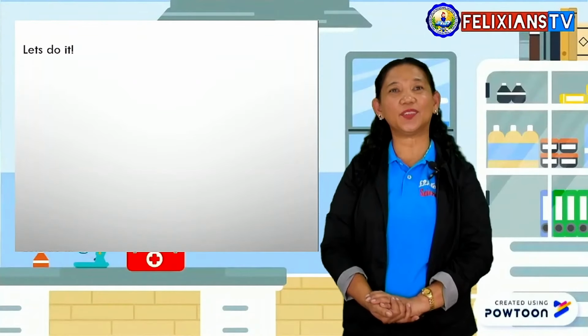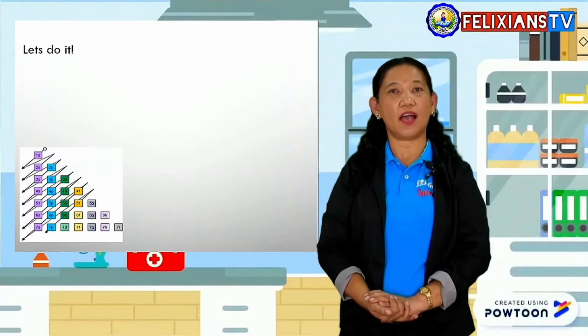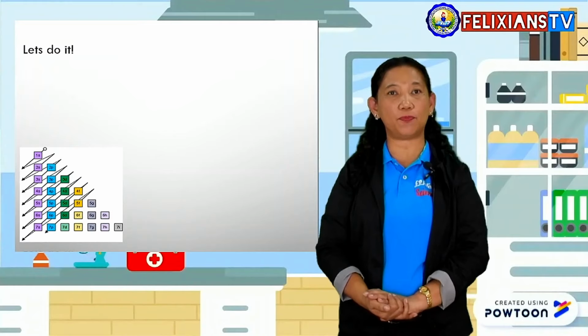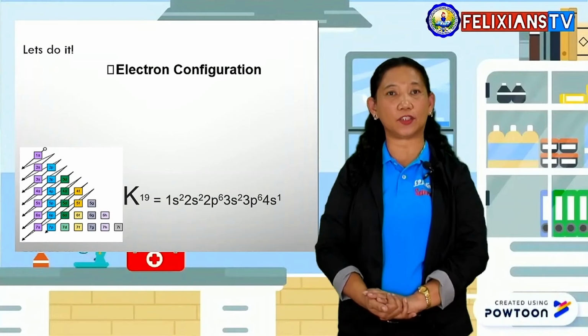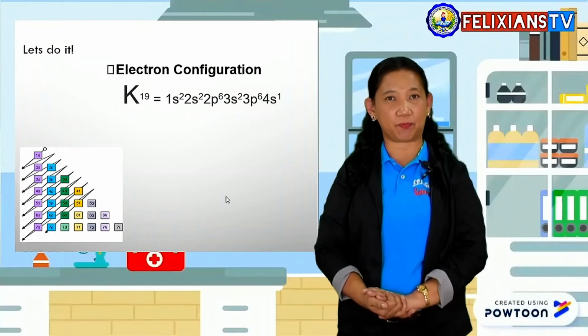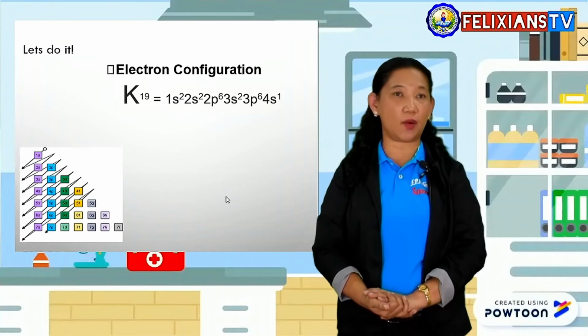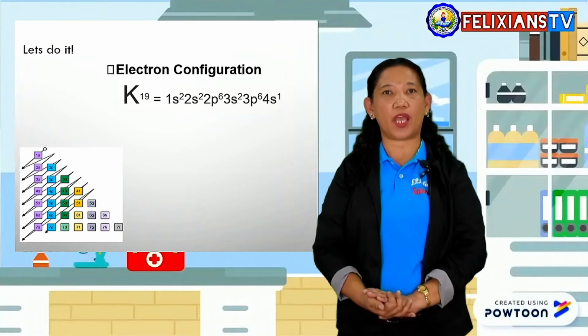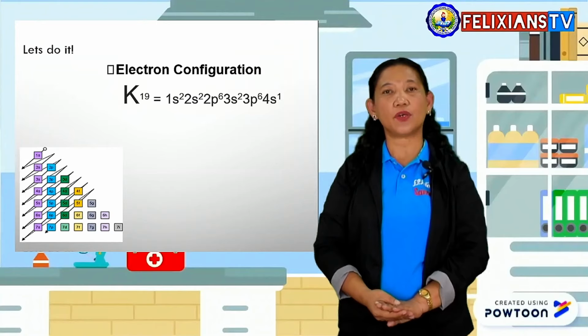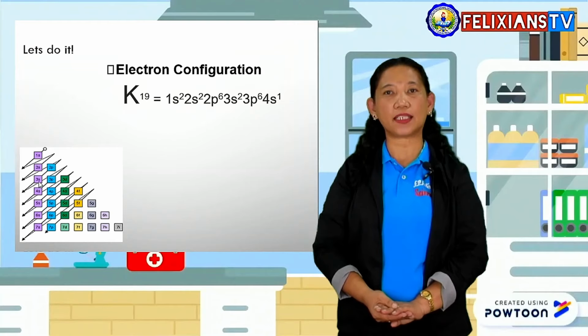Let's do this. We have here the electronic configuration of potassium, which has an atomic number of 19. So using our mnemonic device, we have 1s2, 2s2, 2p6, 3s2, 3p6, and 4s1.